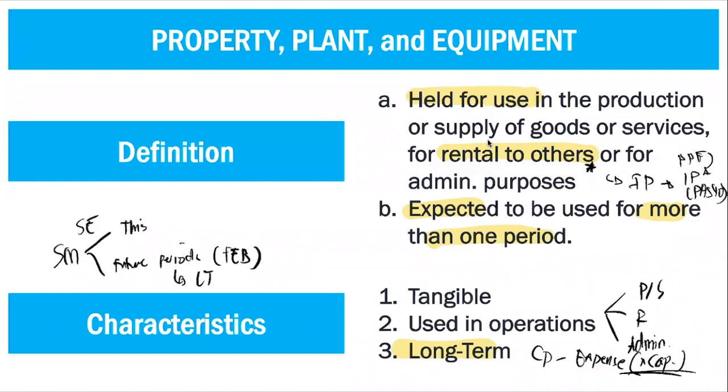Take note, ownership is not already a characteristic because of PFRS 16. Okay, so the main characteristic that we need to look is tangible, not ownership. So long as you can touch, PPE. If you cannot touch it, then intangible assets. Sir, question. Di ba meron namang certificates, blah, blah, na ini-issue for intangible property, edi you can touch it.